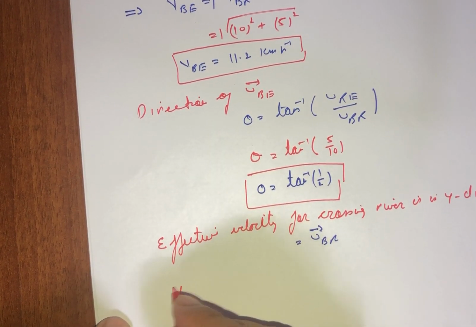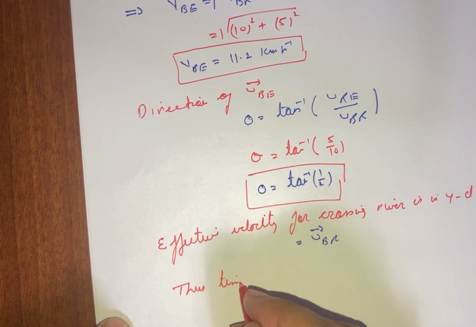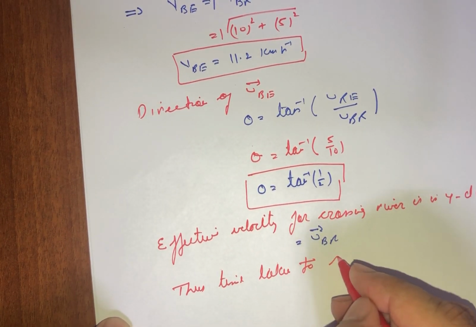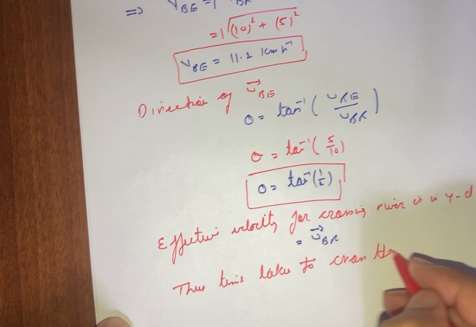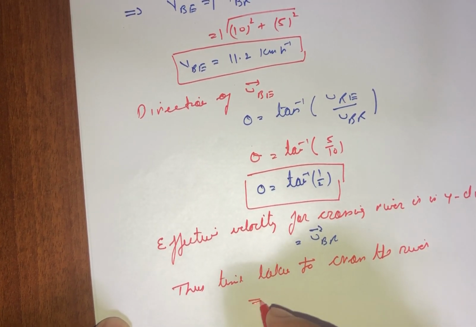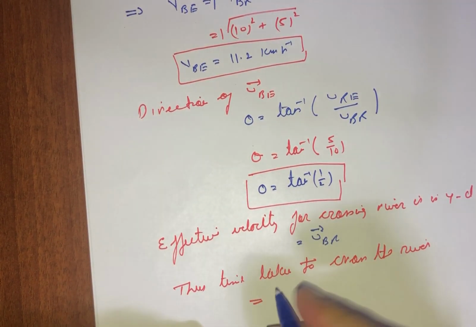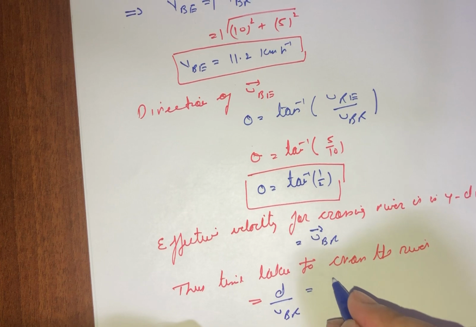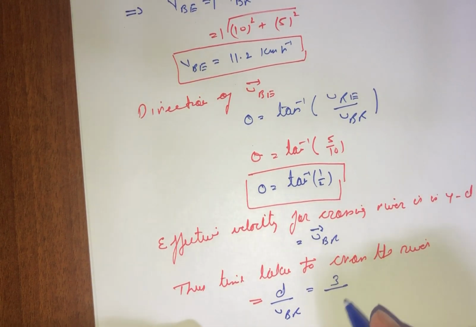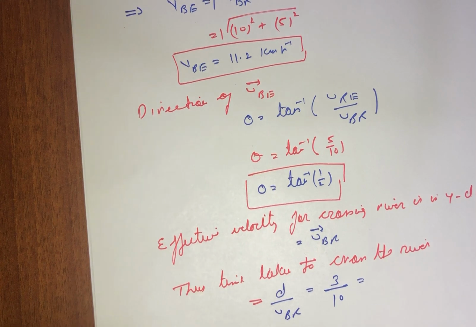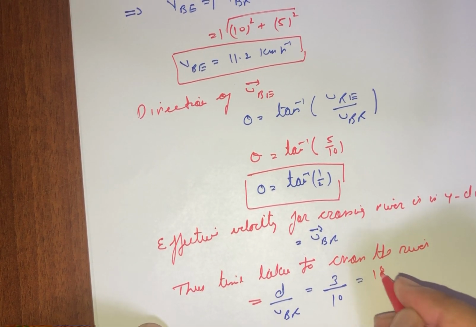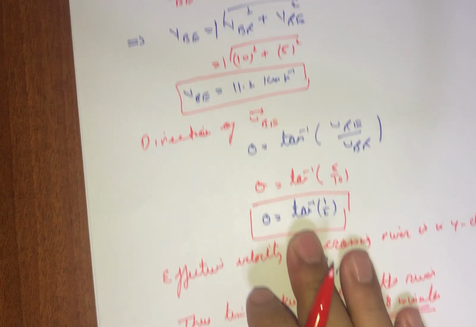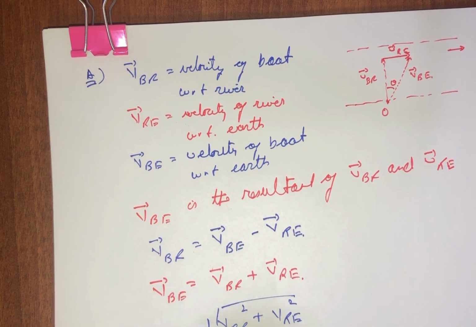Thus the time taken to cross the river will be equal to D divided by VBR. D is given as 3, VBR is 10, so this will be coming as 18 minutes, the time taken to cross the river. So this was our first part, A part.